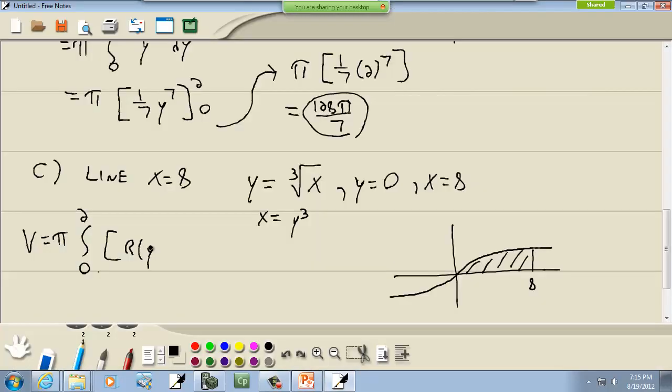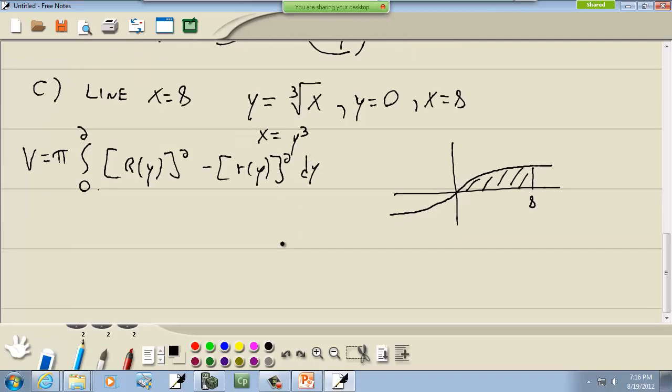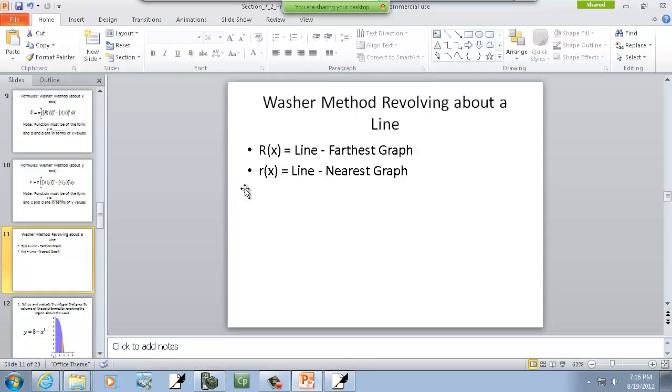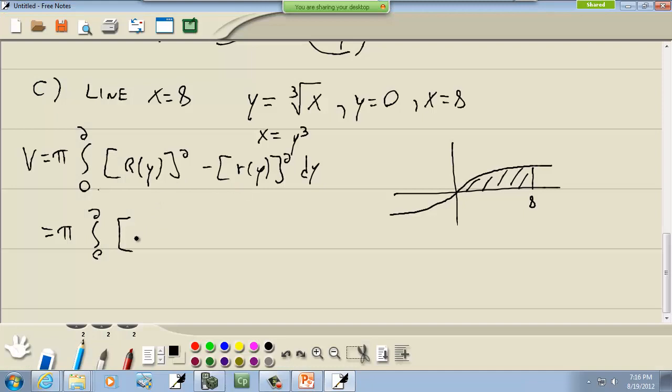Okay, so big R of y squared minus little r of y squared dy. So we got 0 to 2. Now this one right here, line minus the farthest graph. So we got 8 minus our farthest graph, which would be this one right here.